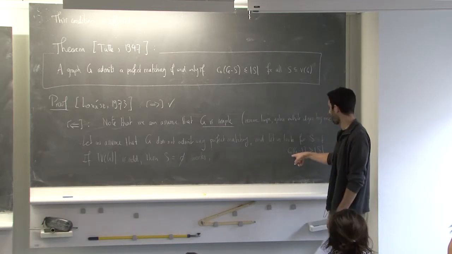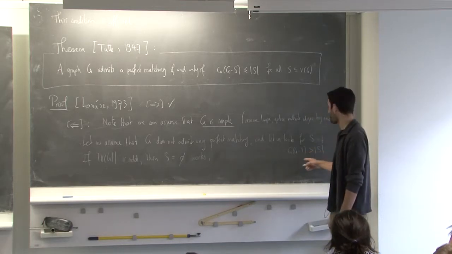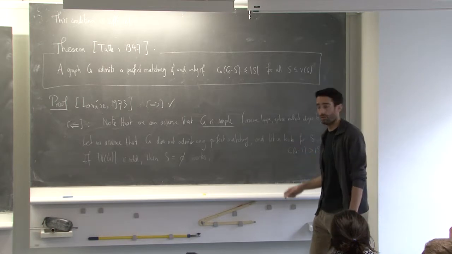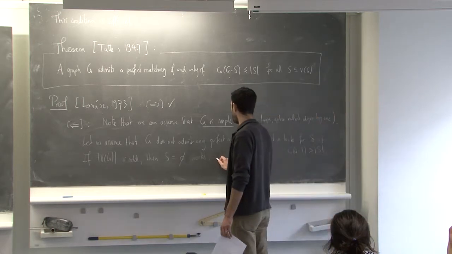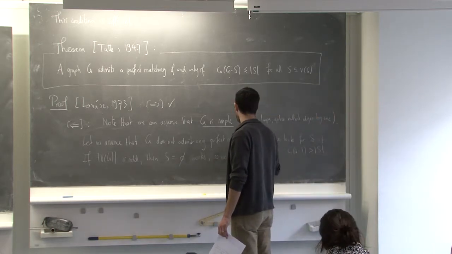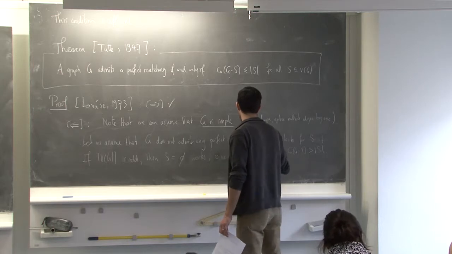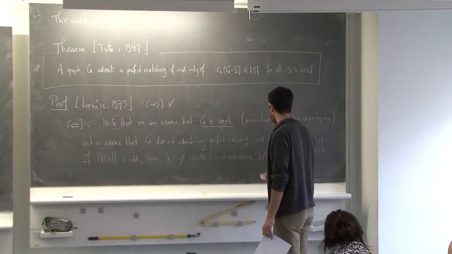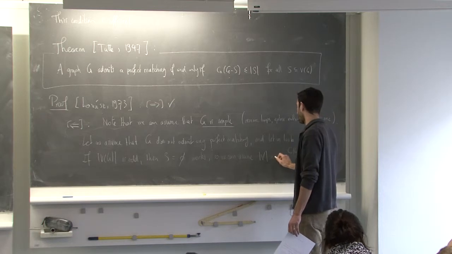In this case, we would have at least one odd component, so c0 is greater than 0, so we're done. So we can assume that the number of vertices is even.